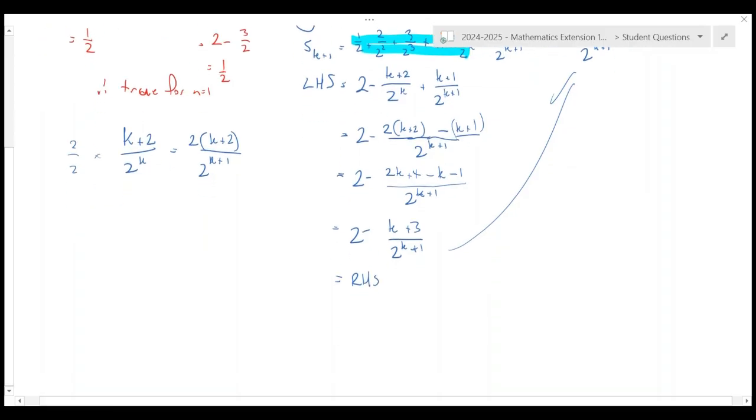And that's all we had to do, which means, therefore, proven via mathematical induction.